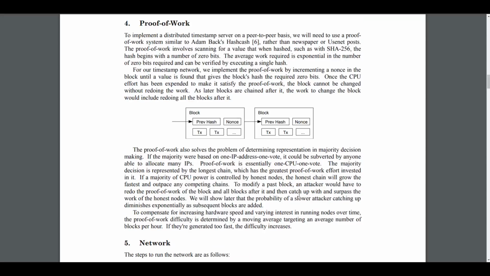And I think it's important to note that this moving average of difficulty is one of the innovations that Bitcoin had, in that it was able to create a stable network of miners and users. Because we saw that without the difficulty adjustment, miners would hop on, go crazy, and then drop off in order for the difficulty to go down.